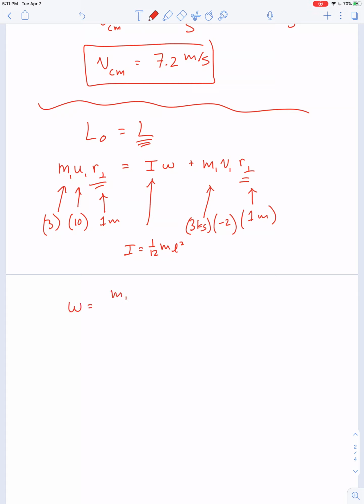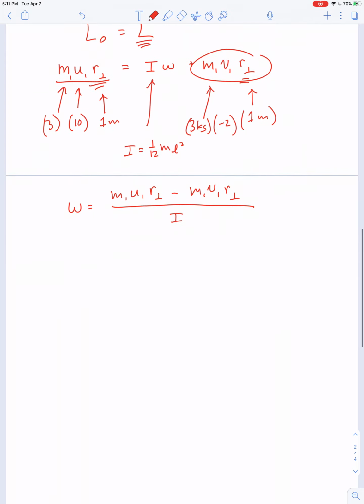Omega is m1 u1 r perpendicular minus m1 v1 r perpendicular, all divided by rotational inertia. We can factor out the m and the r perpendicular.